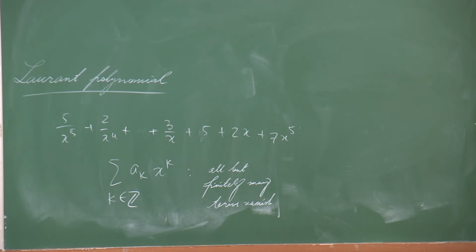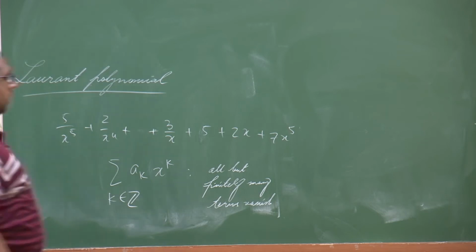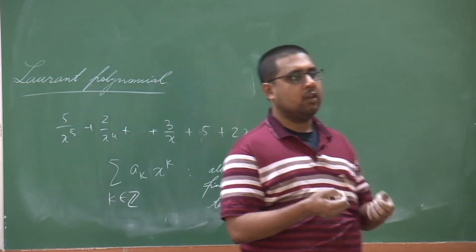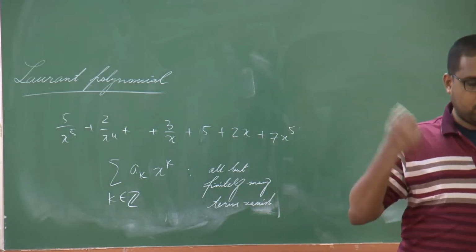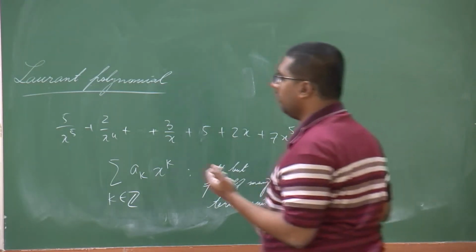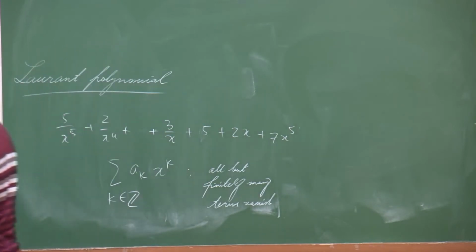The multiplication is also defined in a similar way: we take one monomial from the first and another monomial from the second, and first add their powers of x.